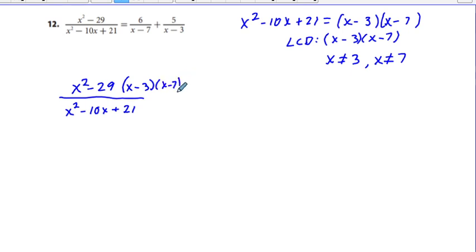So you see how that's going to clear out this whole denominator here, and then it's going to be equal to 6 over x minus 7, and we multiply that by our least common denominator of x minus 3, x minus 7.